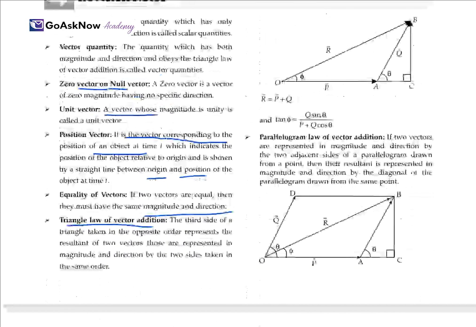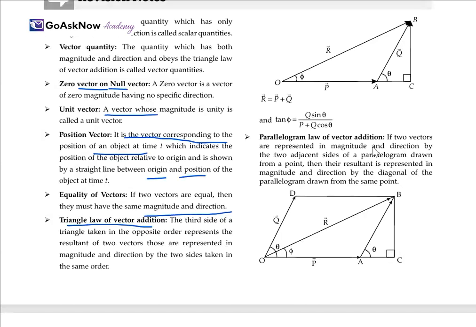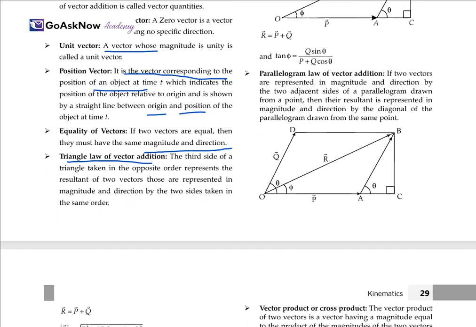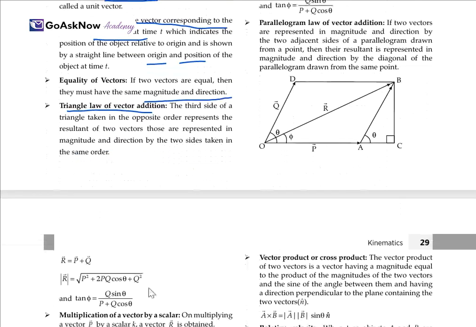When they are mutually perpendicular, those vectors are called rectangular components of the given vector. Means A is equal to Ax i cap plus Ay j cap, where Ax will be equal to A cos theta and Ay is equal to A sin theta. Theta will be equal to tan inverse of Ay upon Ax. This will be the rectangular components of a vector in a plane.